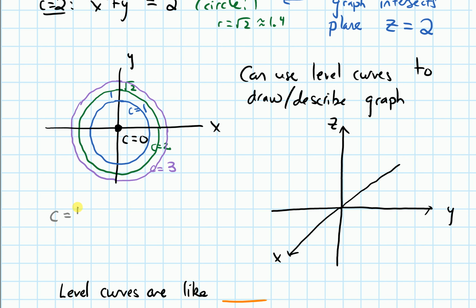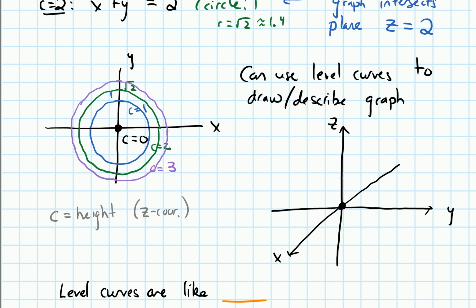So c tells me the height. It's telling me the z coordinate. Okay, so when c equals 0, that means z is 0. So when z equals 0, the cross-section is just a single point. And it happens to be when x and y are 0, so it's at the origin.